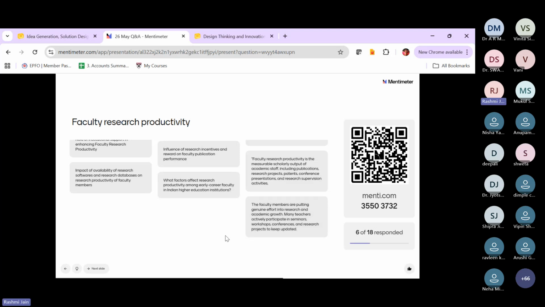The faculty members are putting genuine effort into research and academic growth. Many teachers actively participate in seminars, workshops, conferences, and research projects to keep updated. So, what do you want to say here? If you can unmute yourself and tell us, because we are not able to get your message on this statement.